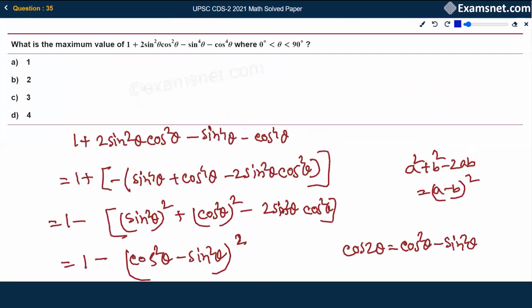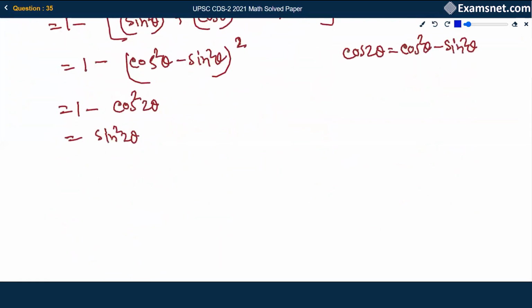So here, what is the maximum value they have asked us, right? So we know the maximum value of sine theta is 1. This is coming from sine square theta plus cos square theta, that is 1.